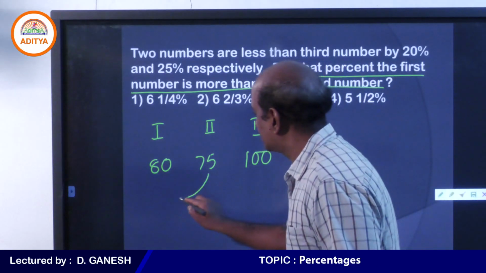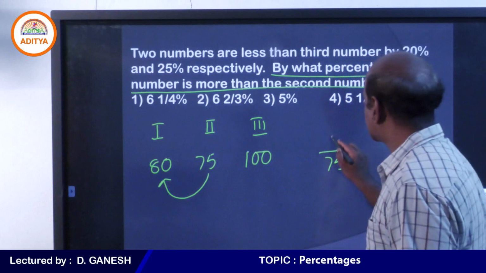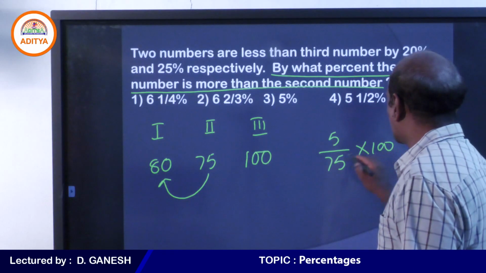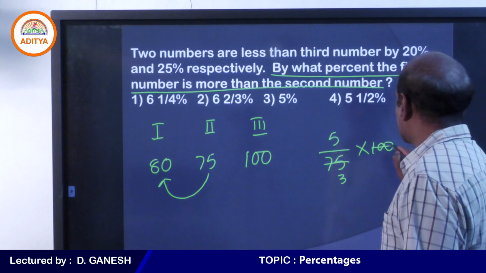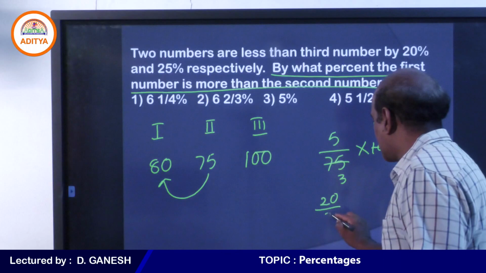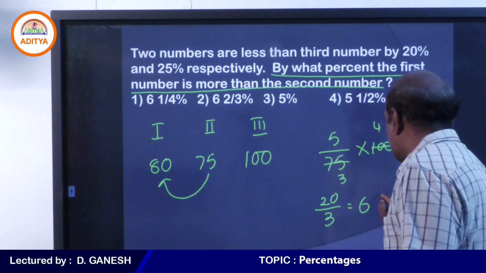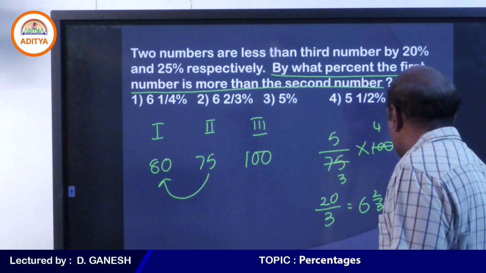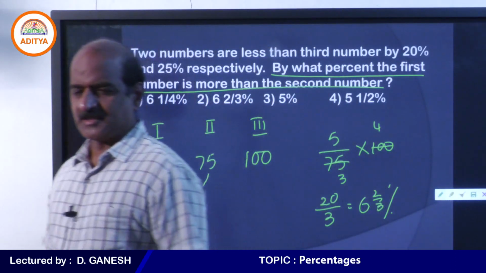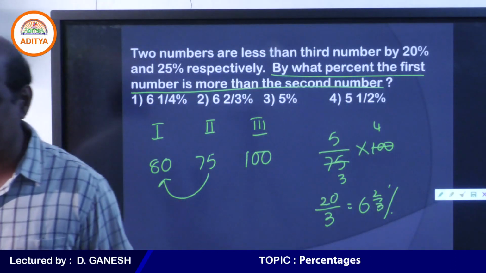When comparing with the second number, how much more is the first number? 5 more. Therefore 5 by 75 into 100. 25 cancels 3 times, 25 4 times. 5 into 4 is 20, 20 by 3. Therefore your answer is 62 by 3%. Student, do you understand that?